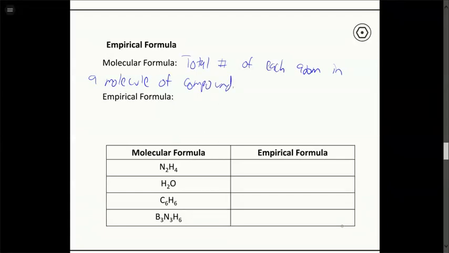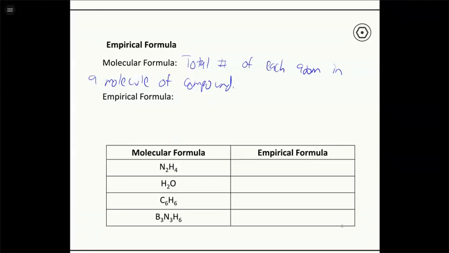So when we have the molecular formula of glycine, C2H5NO2, that means you could either interpret it as there are 2 atoms of carbon, 5 atoms of hydrogen, 1 atom of nitrogen, and 2 atoms of oxygen in 1 molecule of glycine, or you could interpret it as there are 2 moles of carbon, 5 moles of hydrogen, 1 mole of nitrogen, 2 moles of oxygen in 1 mole of glycine. So the molecular formula can be interpreted in terms of either moles or individual atoms, but it's the total number of each atom in that chemical formula.